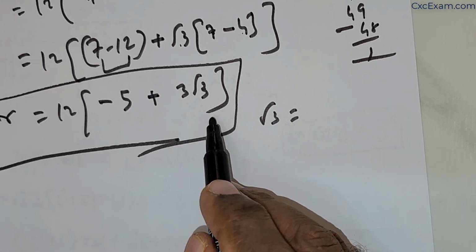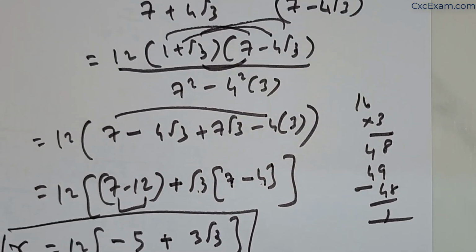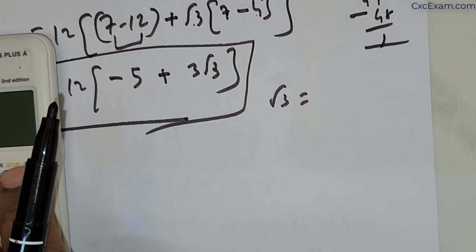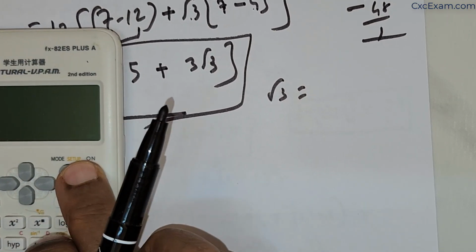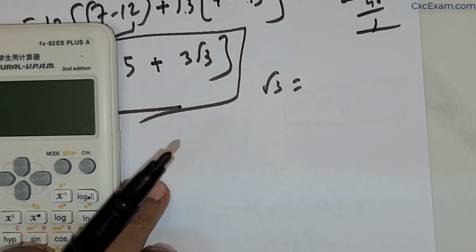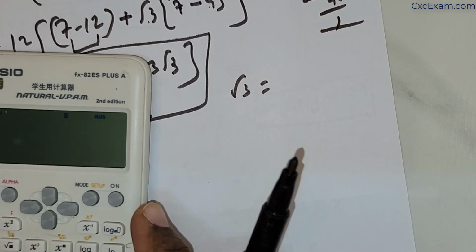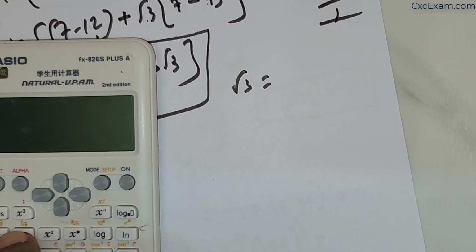We can prefer to stop here, or if you want, you can evaluate the value of R. So the square root of 3, what is that?